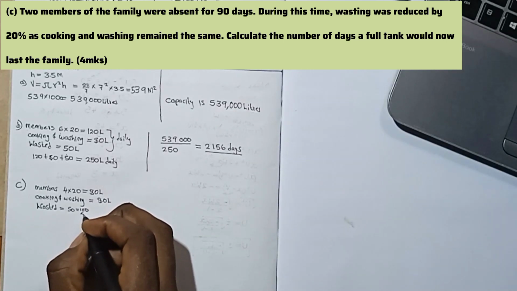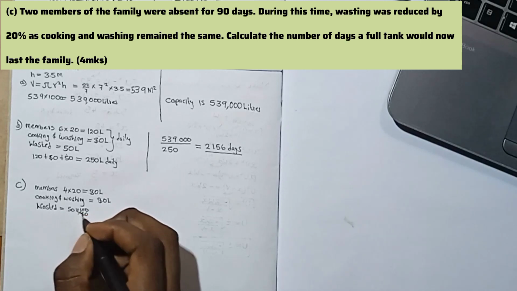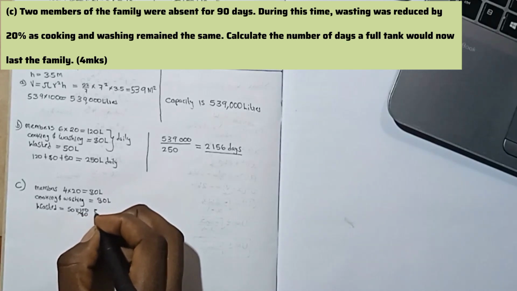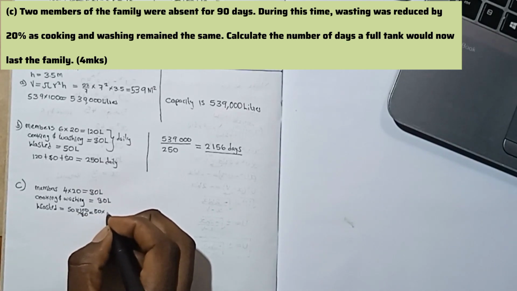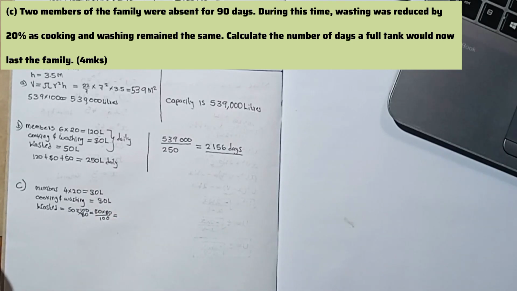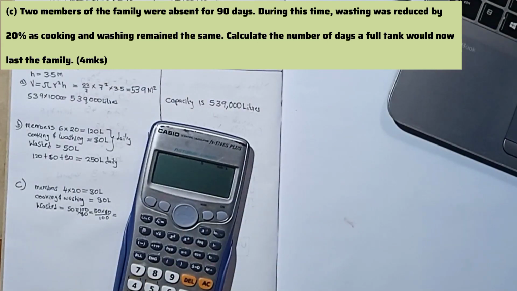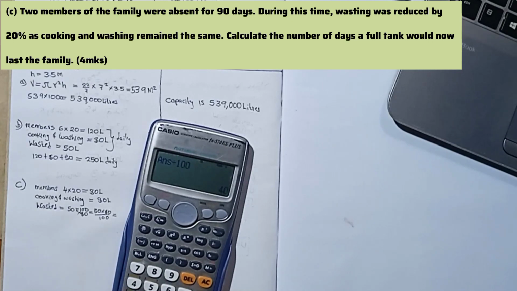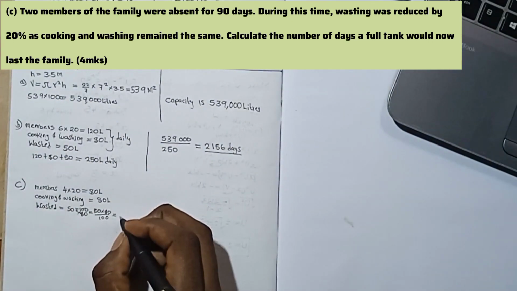What about 80% of 100? So 50 multiplied by 80 all over 100 is equal to 40 liters.